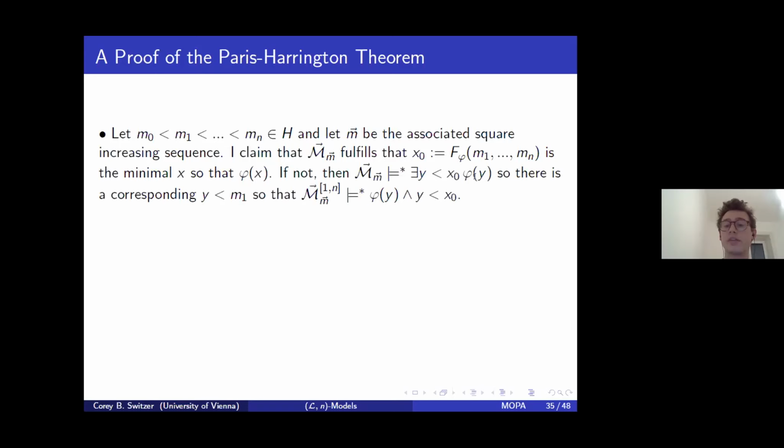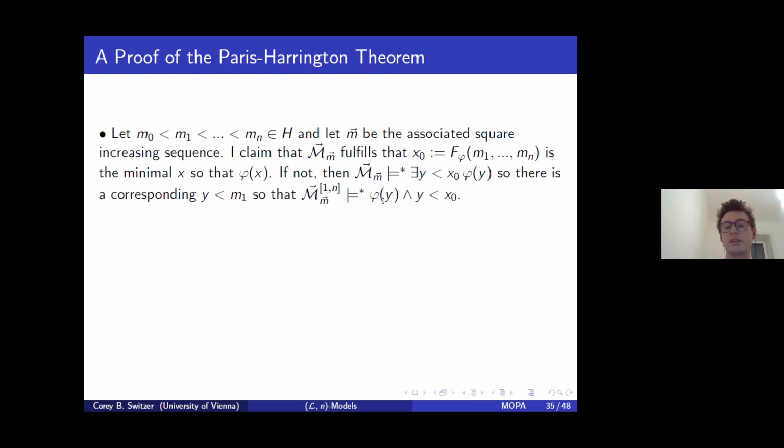So that means that by the definition of fulfillment, there's a corresponding y less than m1 so that m vector from 1 to n thinks phi of y and y is less than x0. If it thinks that y is less than x0, y is actually less than x0, because it's agreeing with the PA order. That's how I constructed the model.